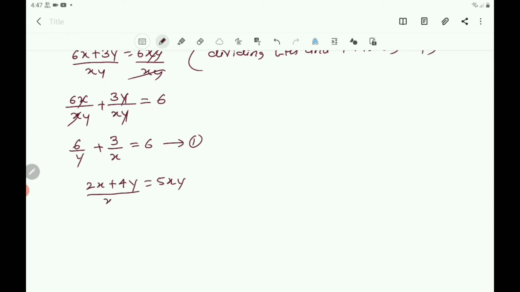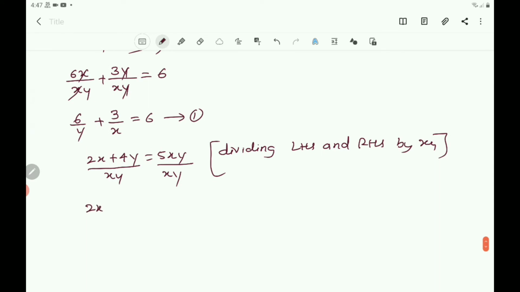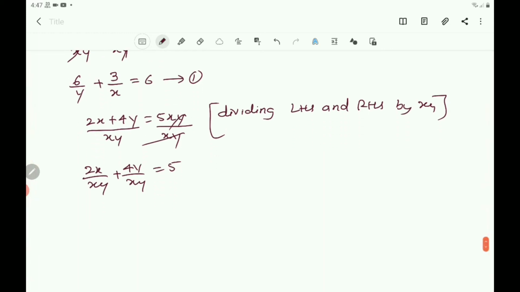Dividing LHS and RHS by xy, it becomes 2x by xy plus 4y by xy equals 5xy by xy. xy cancels, what remains is 5.